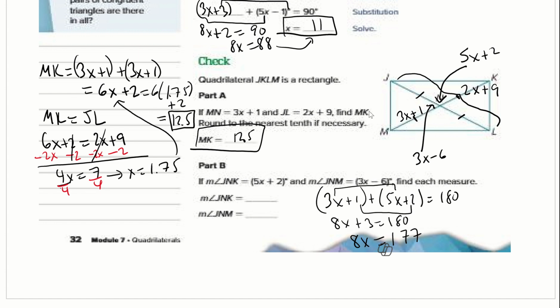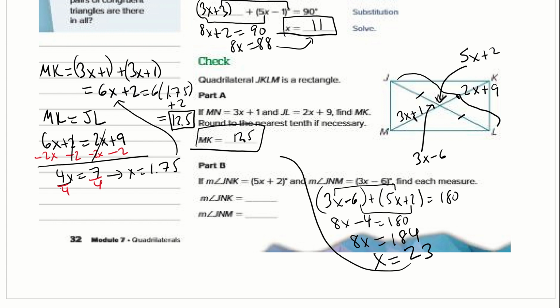Oops, I used the wrong thing here. This should say 3x minus 6, not plus 1. Sorry about that. I was using this one instead of the 3x minus 6. All right, so negative 6 plus 2 is negative 4. All right, so then if I add 4 to both sides, I get 184. Then I can divide 8 on both sides to get x equals 23.